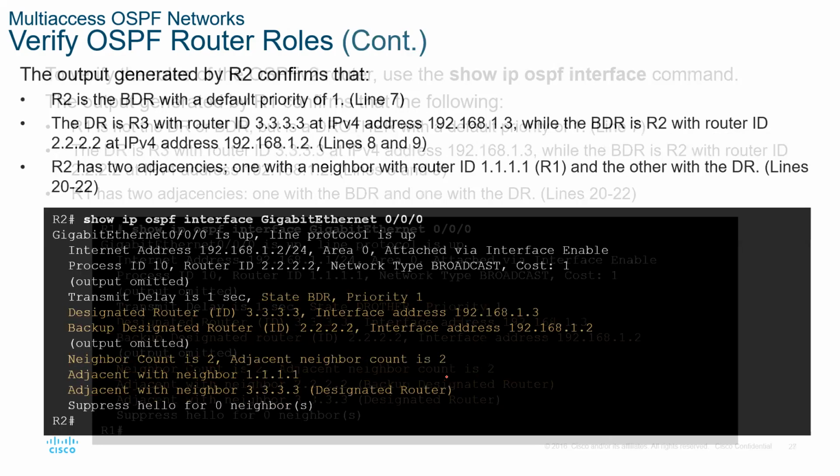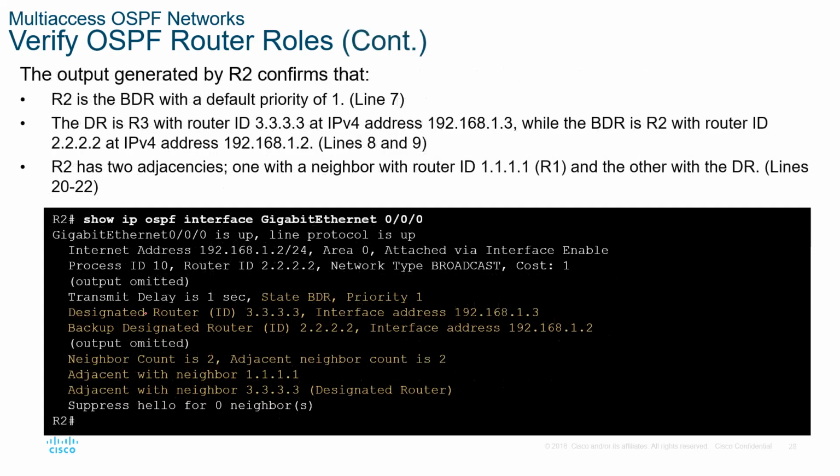If I come to router 2 and run the same command, show ip ospf interface GigabitEthernet, it tells me that this router is the BDR.